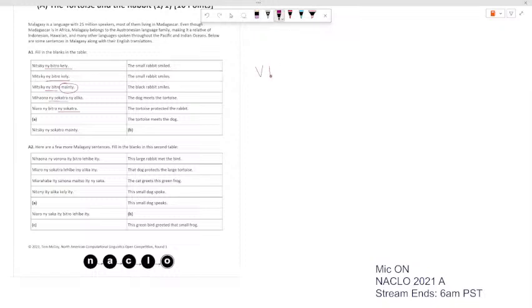Verb object subject. I wonder what the rarest subject verb object order is. We can see later. The dog meets the tortoise, and then it would just be switching these two, right?